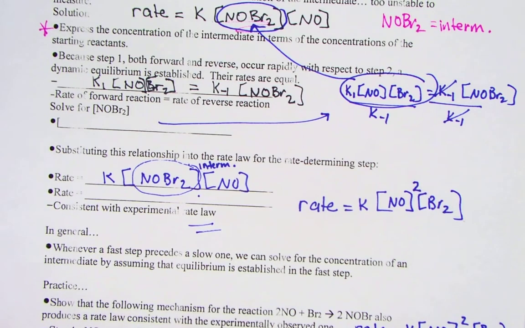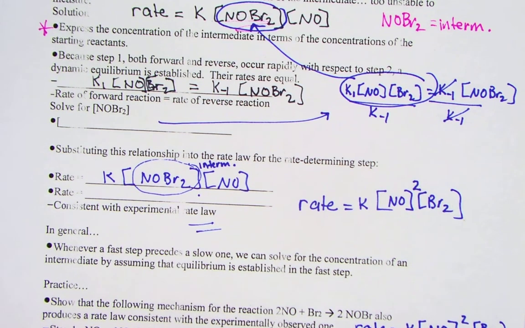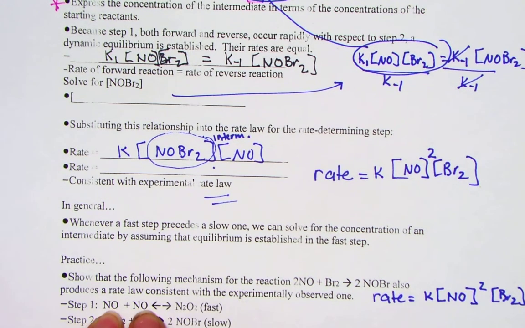When I look at my proposed step, NO plus NO is a bimolecular collision. It does not give me the observed rate law, so I know that that has to be a fast step. The observed rate law would match if it were a slow step.